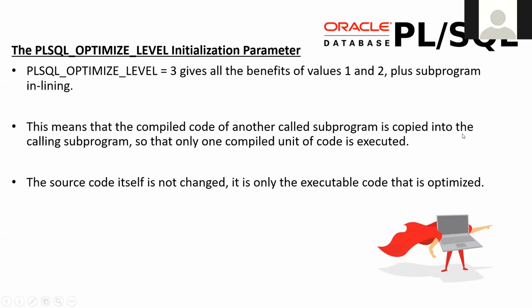Is it good practice to always change the optimization level? Since it defaults to 2, unless you have very, very complex code, I would not necessarily change that. Because that's the checks and balances.